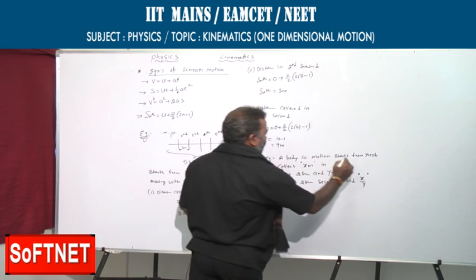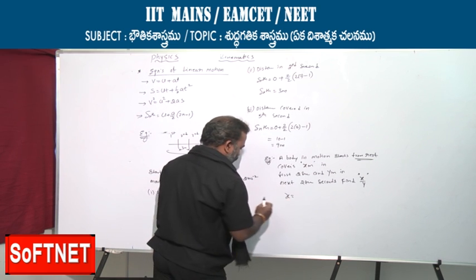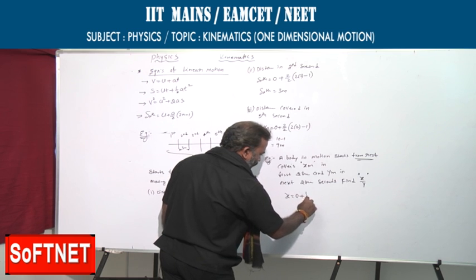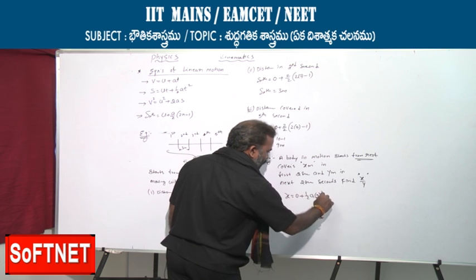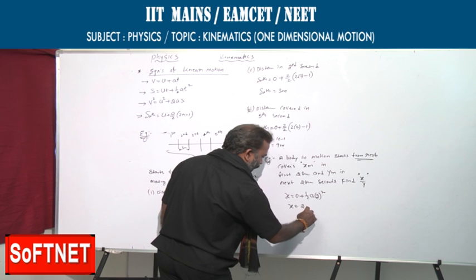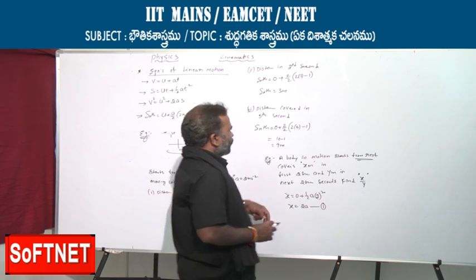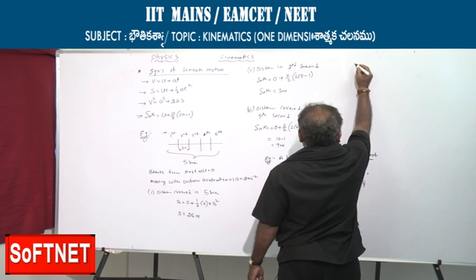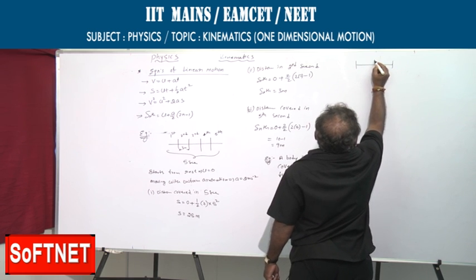Since body starts from rest, we'll apply x is equal to ut plus half a t square, u is 0, in how many seconds? 2 seconds. So x is equal to 2a. Let me write this as first equation. Now coming to next 2 seconds. This is how the total journey is given.